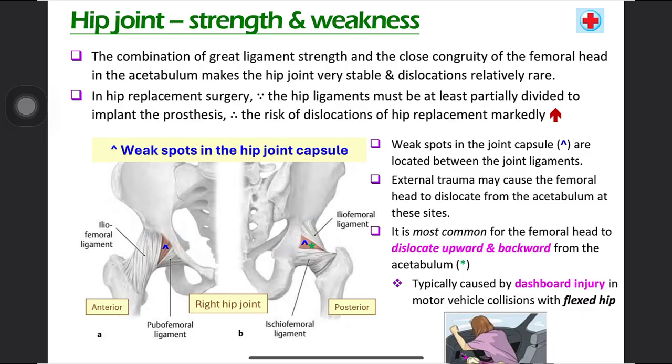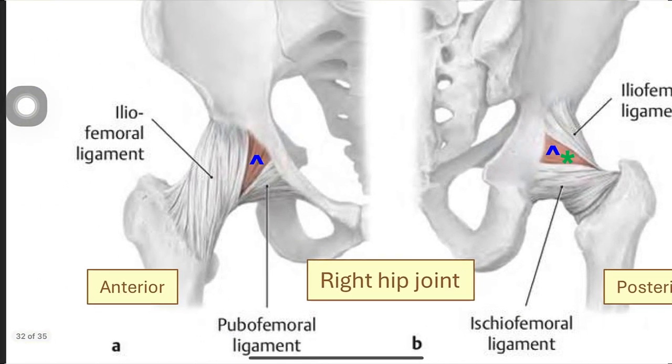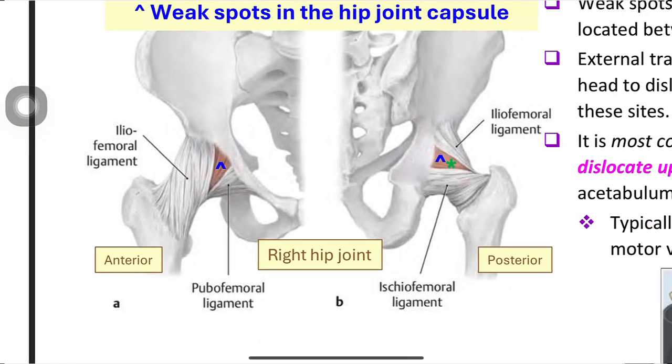So that's why it's relatively rare to see hip dislocation, whereas your upper limbs, relatively speaking, dislocate more easily. Take a look at the contour of the joint. But the capsule has weak spots here. These weak spots are located between the ligaments. This is from the front view. There must be some spots in between the ligaments.